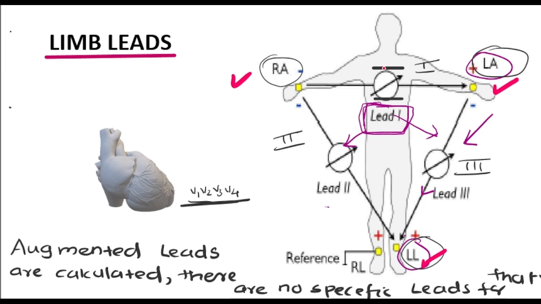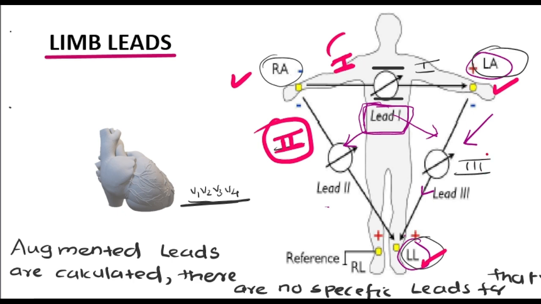The first lead is between the right arm and left arm, and that lead is called lead 1. The second lead is formed by connecting the right hand electrode and the left leg electrode. This is called lead 2. This is limb lead 1. This is limb lead 2.